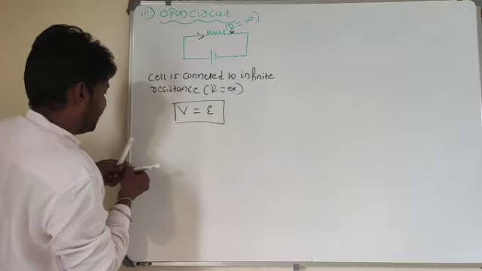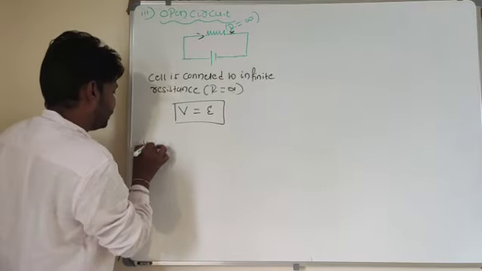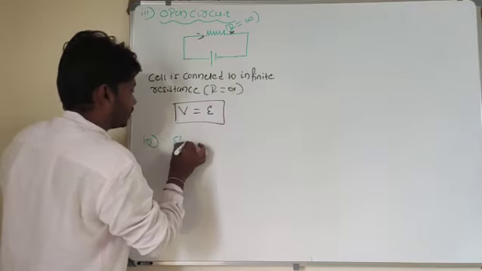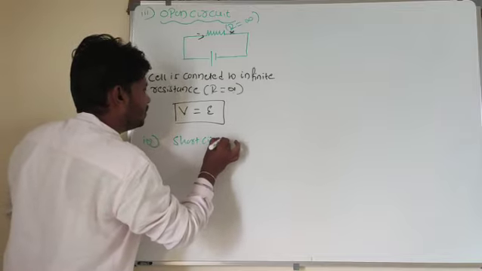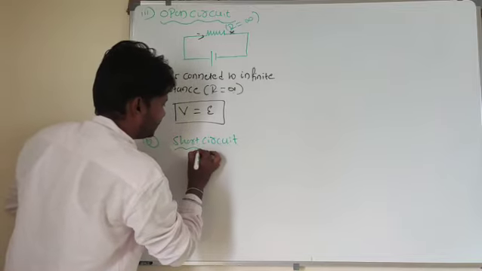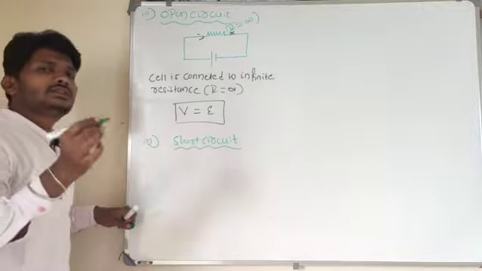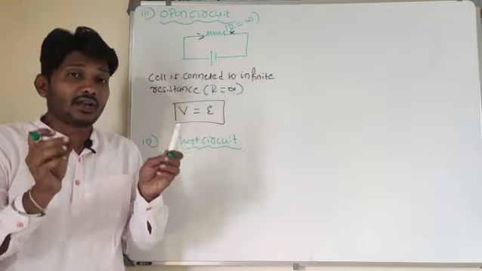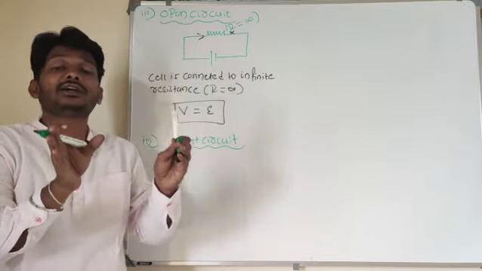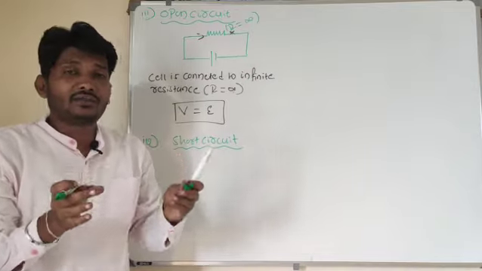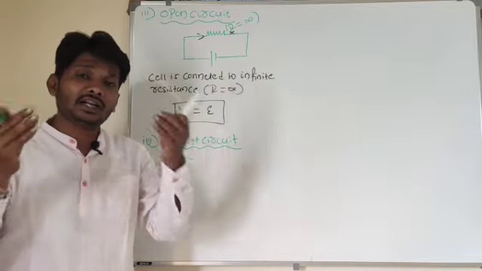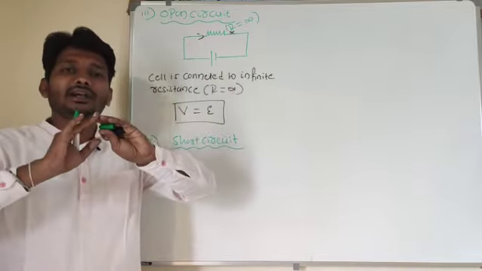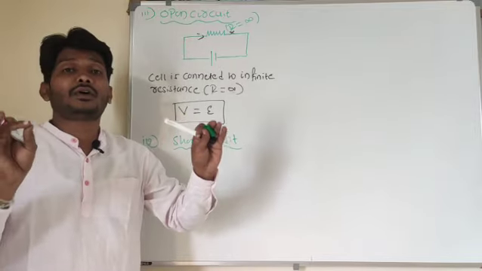One more thing I need you to understand, that is short circuit. What does short circuit mean? In case of a short circuit, for example, the cell is connected to a conducting wire. That conducting wire has zero resistance, means the conducting wire does not oppose the flow of current.